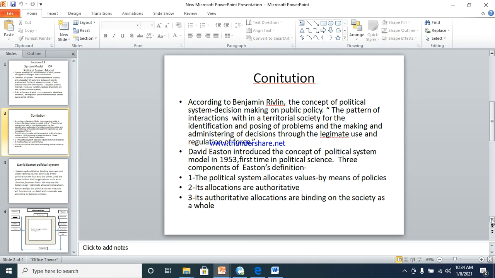Before this, generally we described the political system and system, but specifically we will study the political system of David Easton.